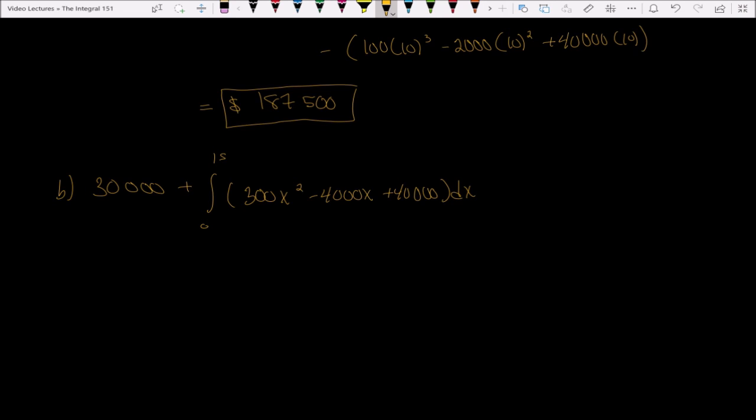This 30,000 represents the initial cost to set up, and then this represents the change in cost from 0 to 15, which is just how much it would cost to produce 15,000 chips.